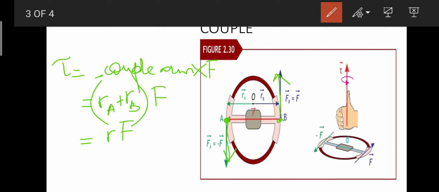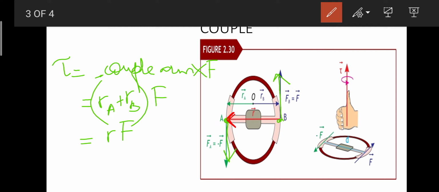And how can we find the direction of torque in this situation? By simply using the right hand rule. Just curl your fingers from the first F to the other F. You see that the direction of R has been given in this direction, right?